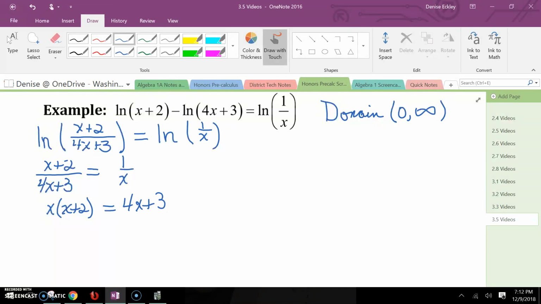Now expanding and putting everything on the same side of the equation, since I'm going to have a quadratic, gives me the following quadratic to solve. X squared minus 2x minus 3 equals 0.